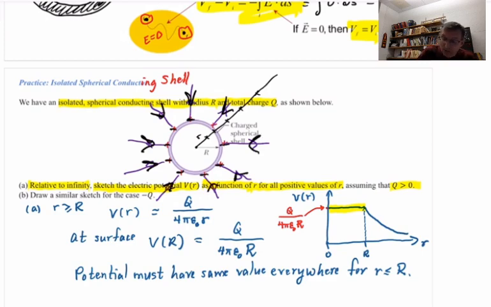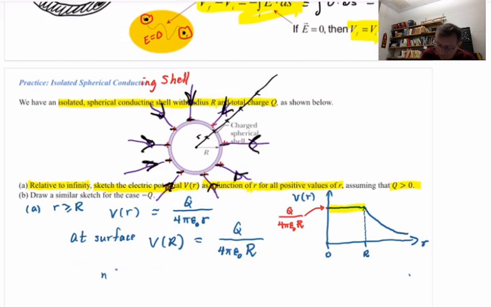And what would the plot look like? Well, let me give myself some room here because I'm just going to add it to this plot for part B. I would still have a formula like this for points outside the shell, but now that big Q is negative, right? So I would just write it like that. And then again, negative.